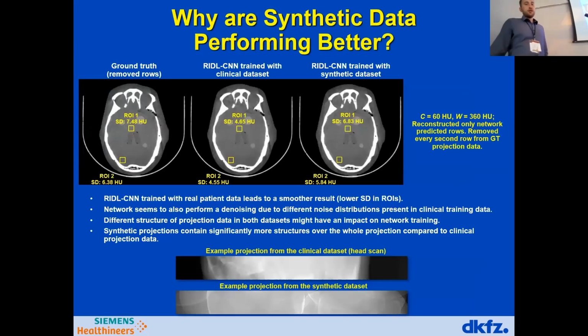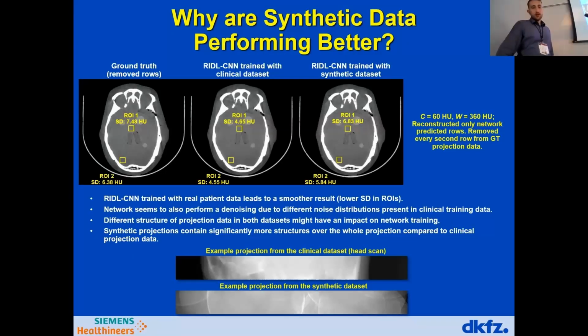So the question is, why is the synthetic data performing better? In this case, we compared just the detector rows, the projection data predicted by the networks, to the corresponding projections out of the ground truth data.